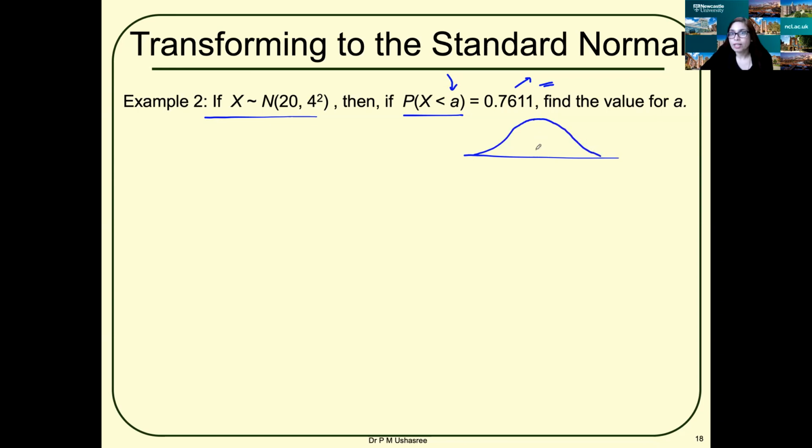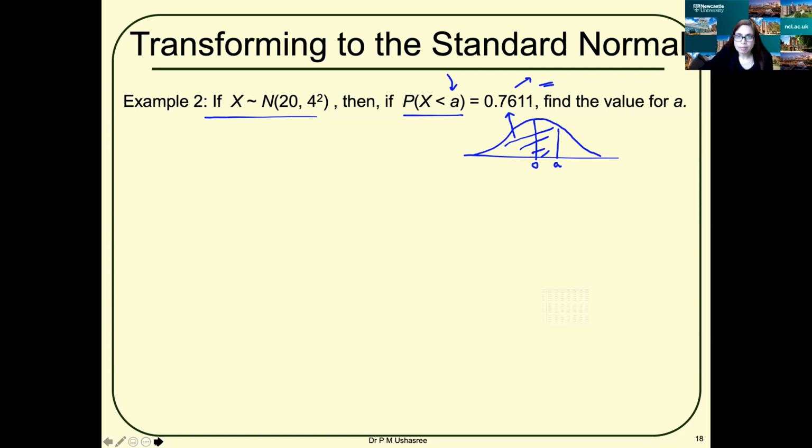X, so that is your 0, and you know that for a particular value of A, X is less than A. So this region is 0.7611. And you need to find this value.